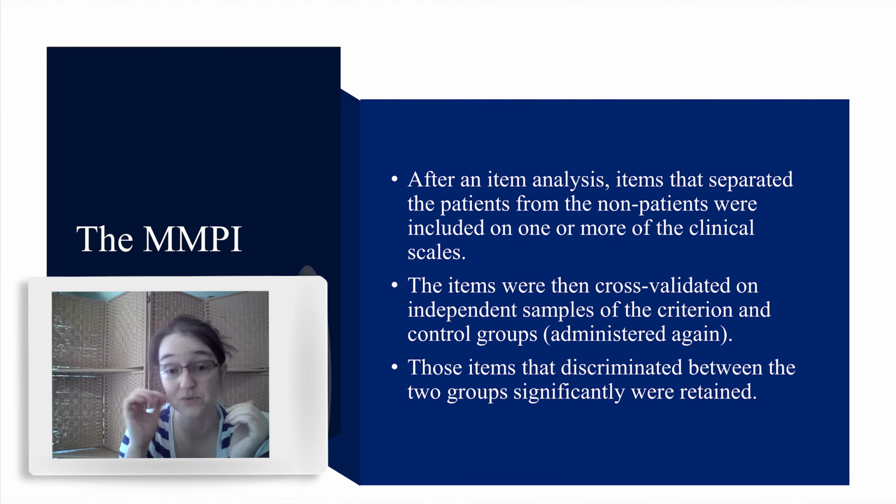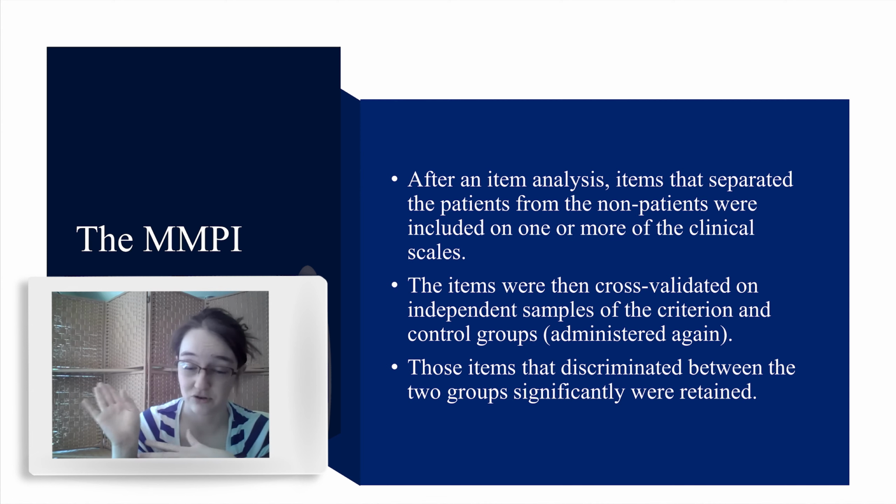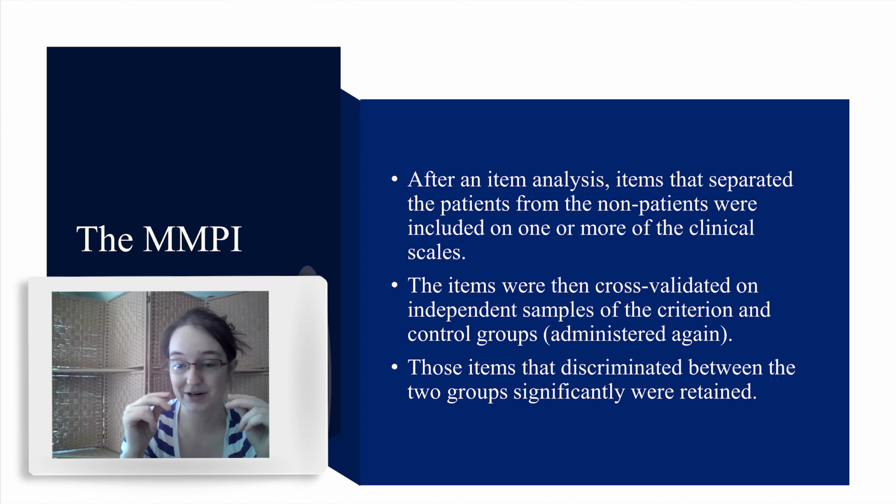Now, these questions were cross-validated on independent samples. Essentially they administered the reduced list to a new population that still had those specific criteria. So they had the schizophrenics, the hypomaniacs, etc. They had all those same groups and control groups. And they made sure that they didn't just lean on chance here.